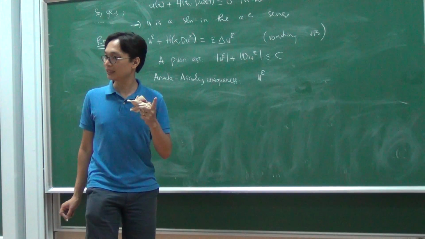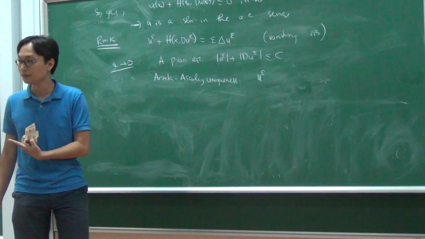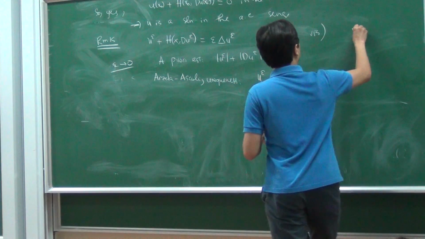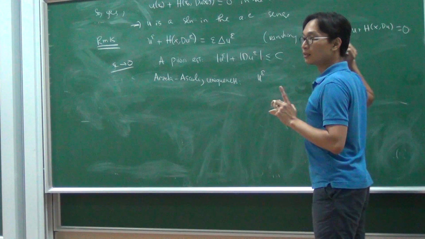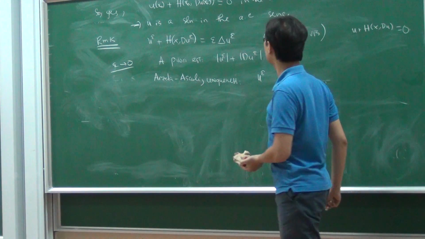This is sort of tricky. Ascoli is a soft tool, so you only get convergence along a subsequence. But here the limit is u_t plus H(x, Du) equal to 0, and this is unique. So any subsequence is going to converge to that, so we have convergence along the full sequence.